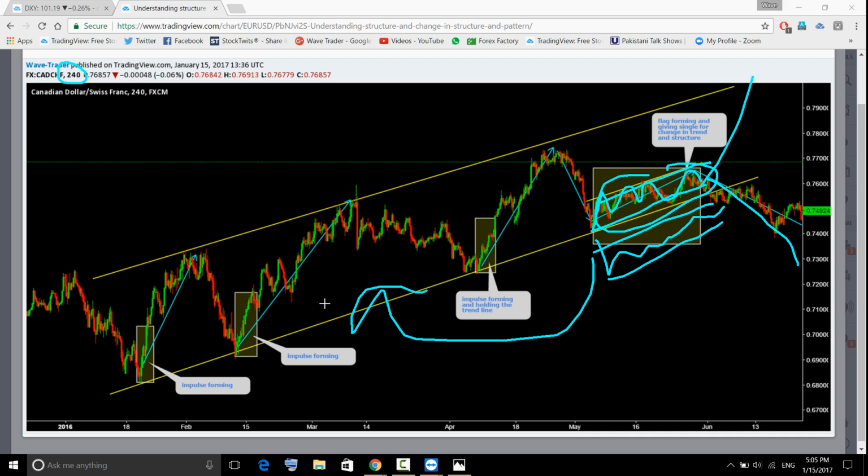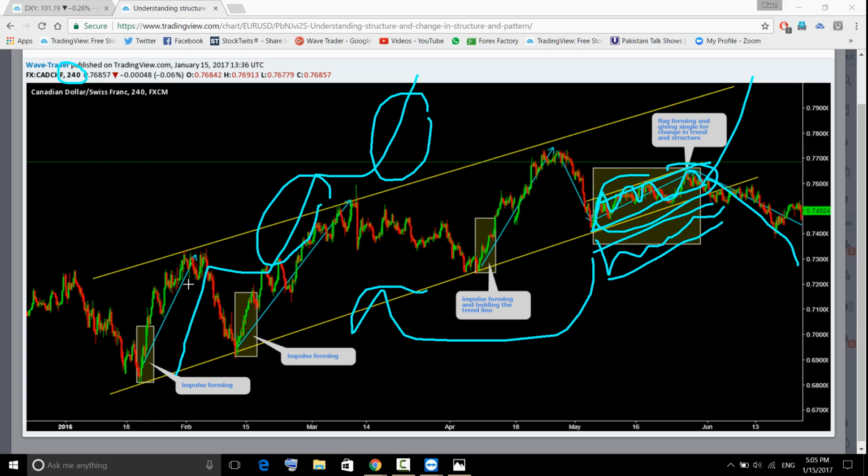Okay, you guys know that if price wants to rise, it should rise like this, forming impulses. When price started to rise like this, it means it is going to change its direction to the other side.